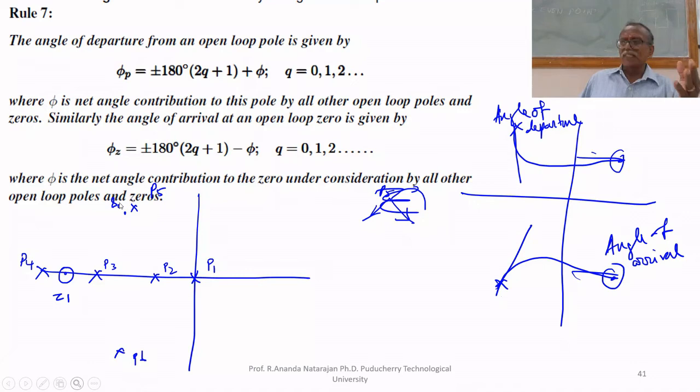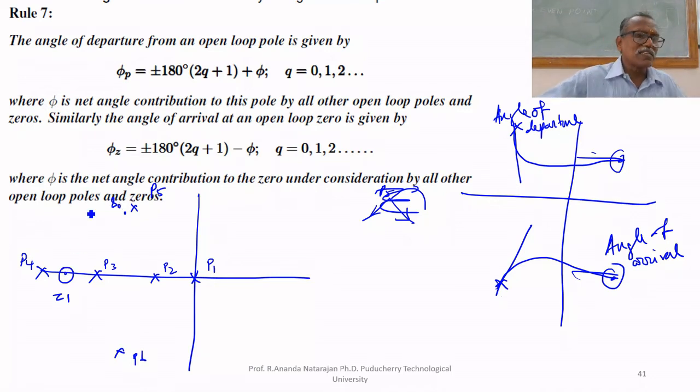If S0 is on the root locus, the line joining S0 and P5 gives the angle of departure. Am I correct or not? Because S0 is very close to P5 and S0 is on the root locus.